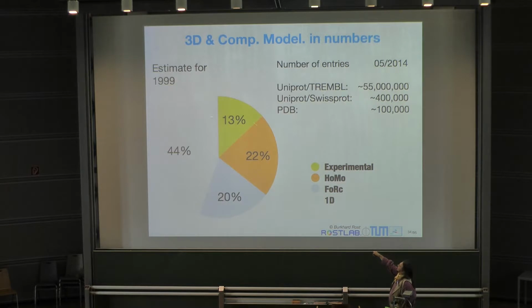For 13%, so the estimate is slightly different, because here 100% is not all known sequences, not the 55 million, but 100% on this one is 400,000. So essentially for 13% of all the ones in that smaller set, I have an experimental structure. For 22%, I can do fairly straightforward comparative modeling, which is exactly that technology that you just invented, right?